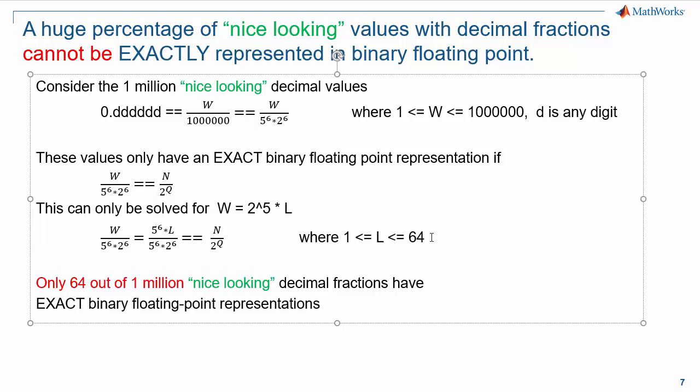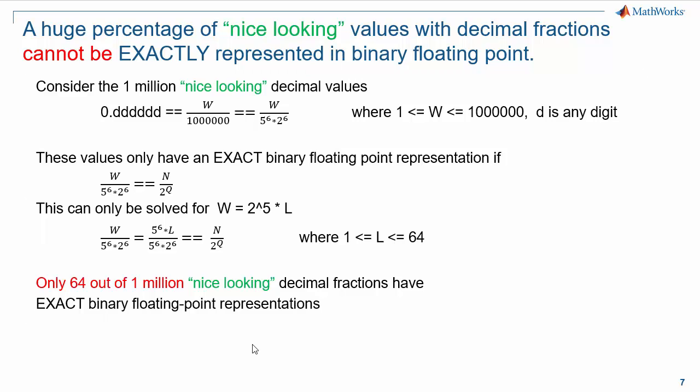And there are only 64 values that are multiples of 5 to the 6th between 1 and 1,000,000. So out of 1,000,000 nice looking decimal fractions, only 64 of them have an exact binary floating point representation. So it's a very small percentage of these nice looking decimal fractions that can be perfectly represented. It's really common to have this imprecision.